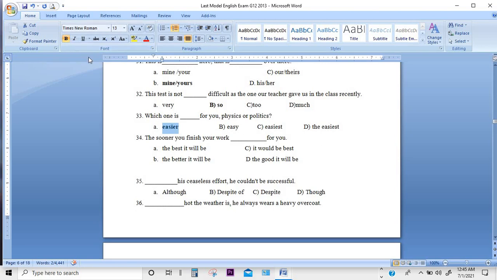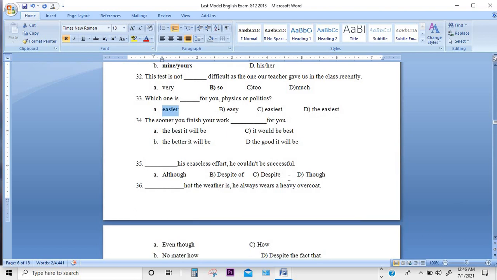Which one is easier for you, physics or politics? That's our answer. Okay, question number 34.